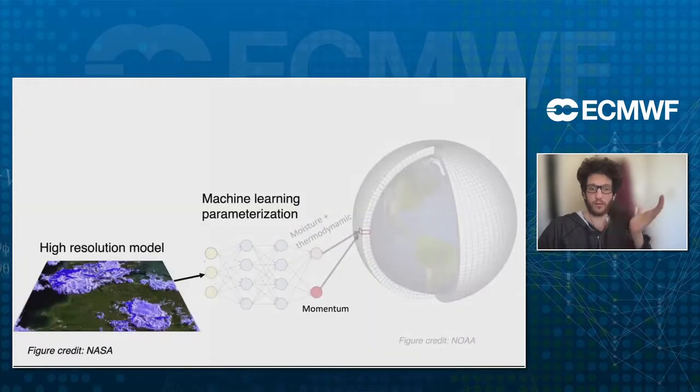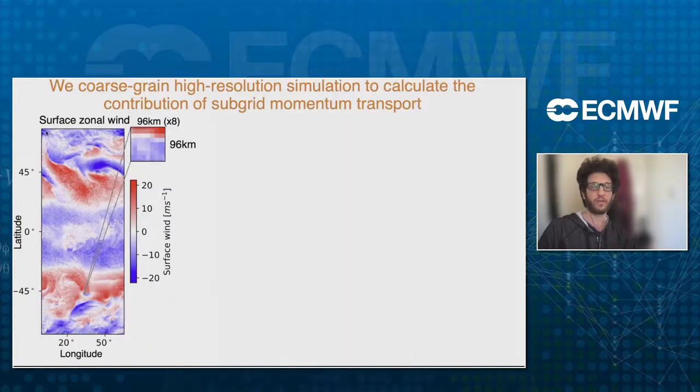So I want to first focus on how we use this high resolution model to produce the outputs we really want to predict, the subgrid momentum outputs, and how we do it in a physically consistent manner. Here I'm showing a snapshot of the surface zonal wind. It's a latitude versus longitude map of a high resolution run.